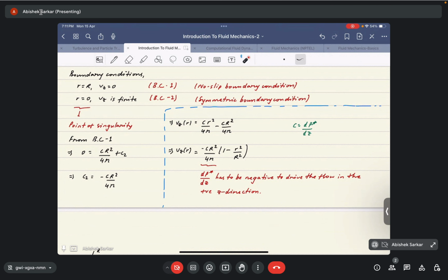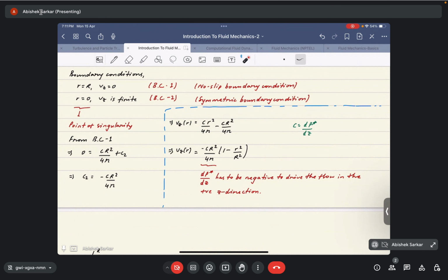If there is a favorable pressure gradient driving the flow in the positive z direction, it means that if I draw a pipe here with point 1 and point 2, we need to have P2 less than P1. The pressure at the exit must be lower than the pressure at the inlet, so that it can drive the flow in the positive z direction.